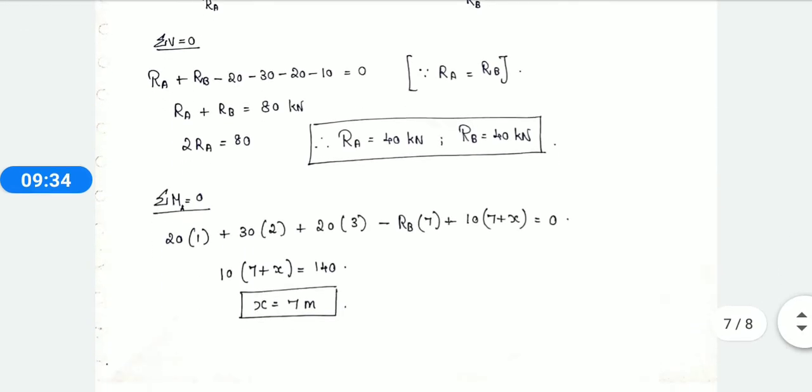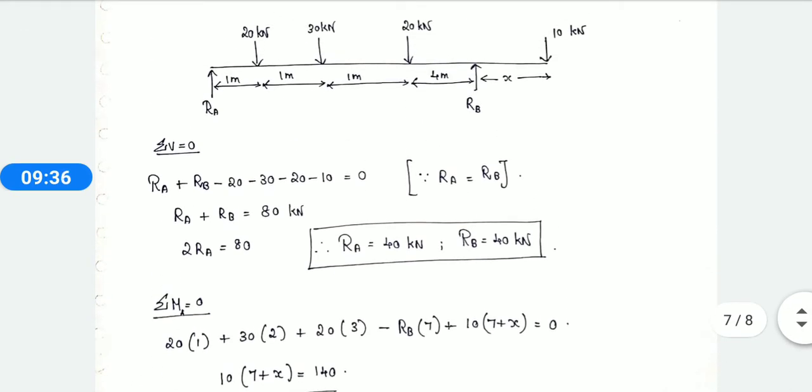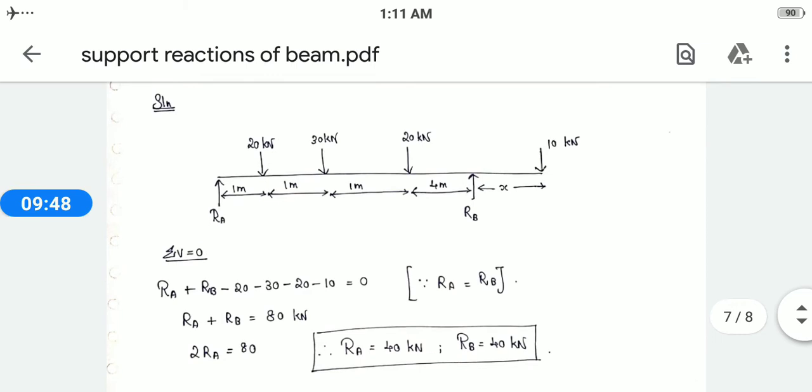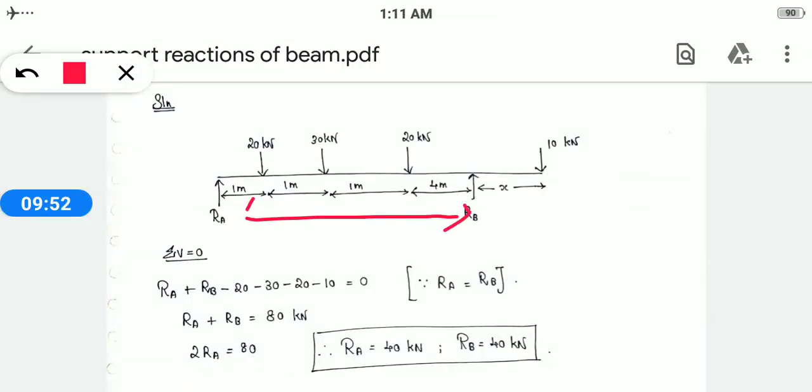That is what I had mentioned over here. 20 into 1, 30 into 2, 20 into 3 minus RB into 7 plus 10 into 7 plus x. How did it become 7 plus x? Because the total distance, this is 7 and this is x. We need to find what is x.